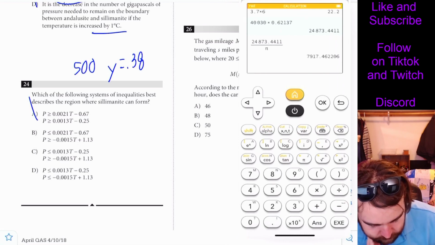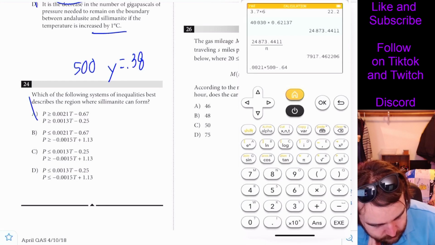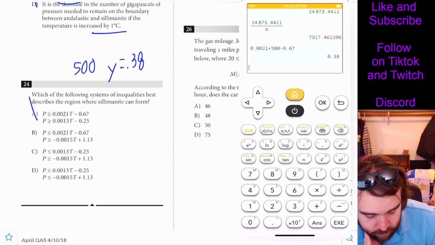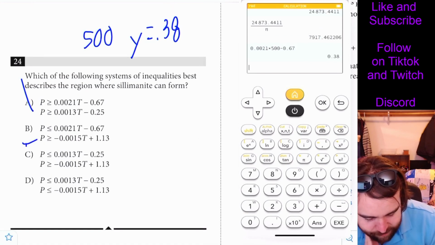So let's go 0.0021 times 500 minus 0.67. And then we hope that that's 0.38, which it is. So we know that this top equation is good, which means we probably need it, which means it's probably B.